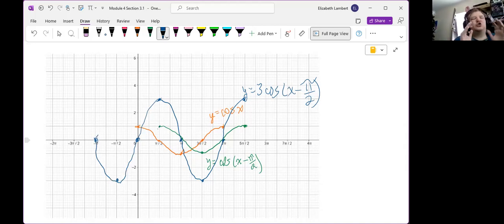Cosine and sine are so closely tied together that one is a graph of the other, just shifted pi over 2. So some of the questions in the homework may ask, like, write me a function that satisfies this and then write me another one. And they're often meaning you have the sine, now write it in terms of cosine with that pi over 2 shift, or vice versa.